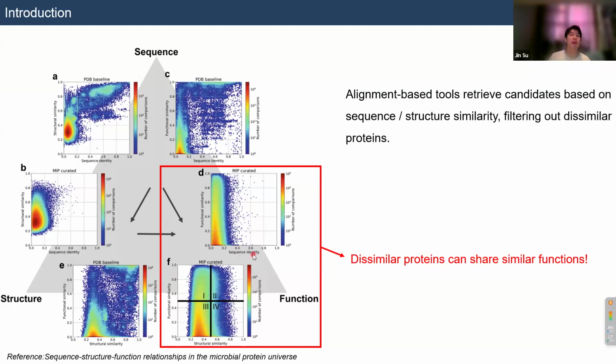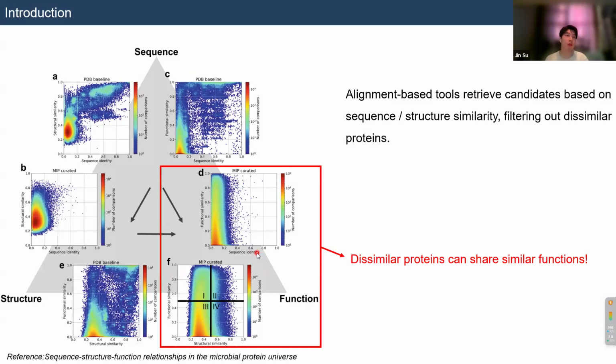So this figure shows that dissimilar proteins can often share similar functions. So if we want to use alignment-based tools to find proteins like remote homologous proteins, they always struggle to do that because their strategy is to filter out those proteins with low sequence or structural similarity.